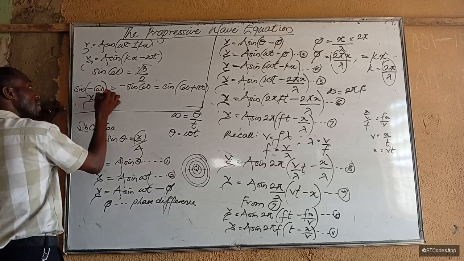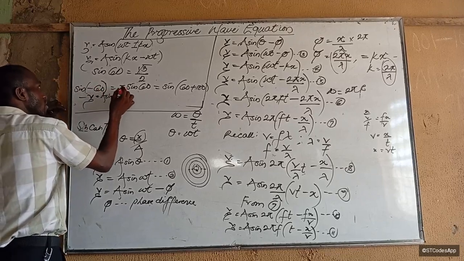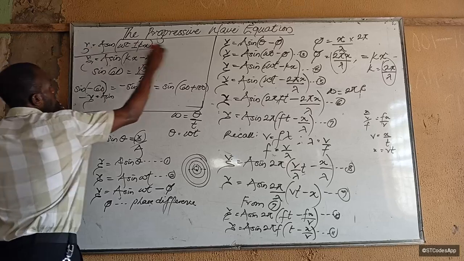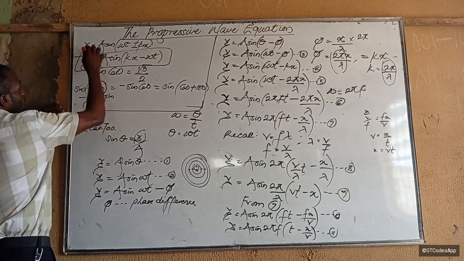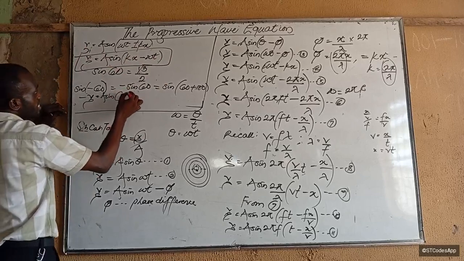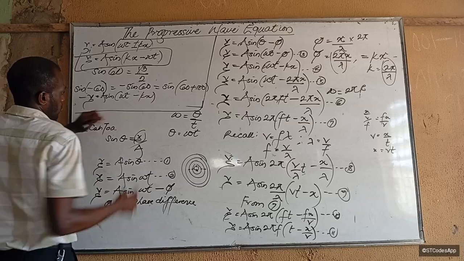So negative y is going to be the same as negative of A sine of omega t minus kx. I've been using minus, so I'm going to retain it.